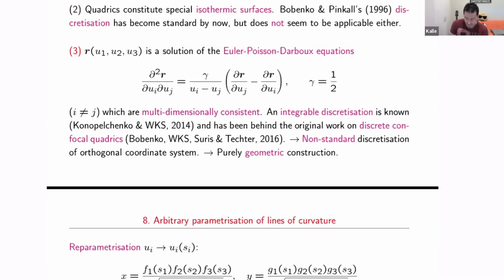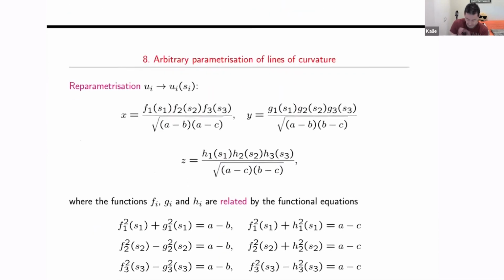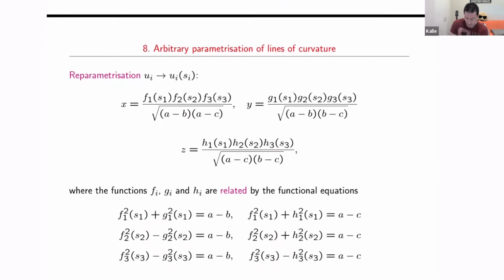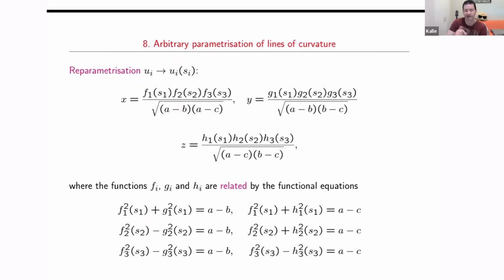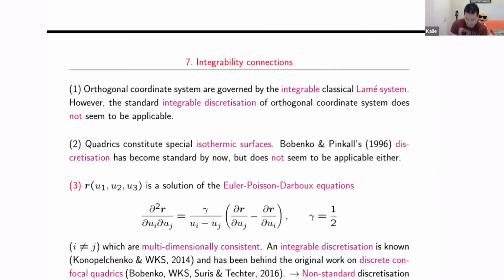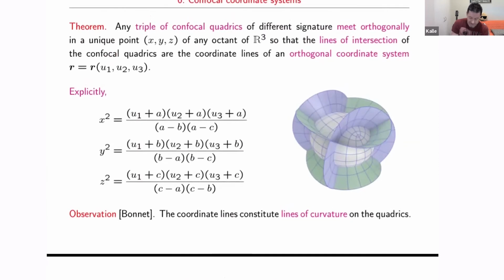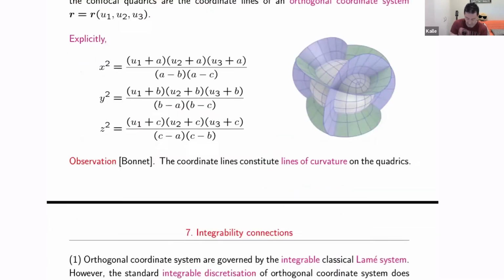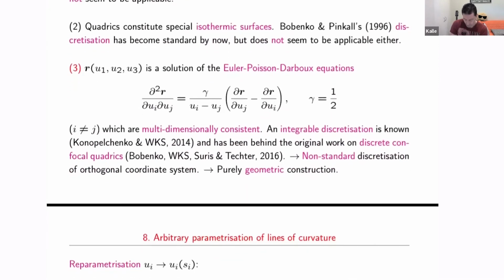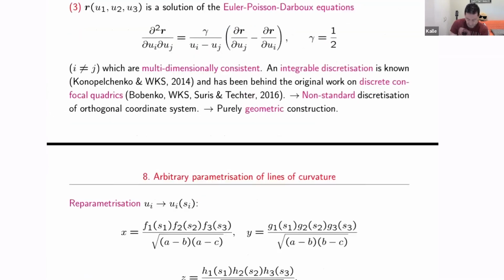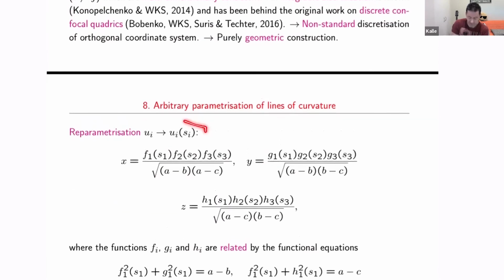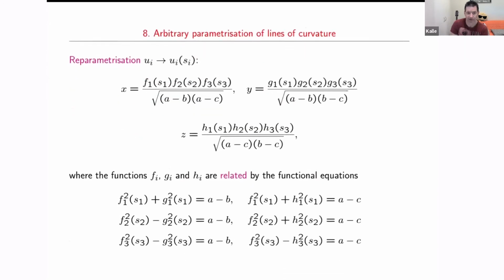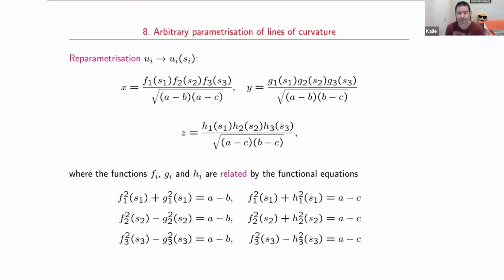Okay, so now remember, we want to find a particular parameterization of the lines of curvature. So we have to get away from this very particular orthogonal parameterization of our confocal coordinates, of confocal quadrics. So of course, what you can do is just reparameterize the coordinate lines and you still have lines of curvature, right?